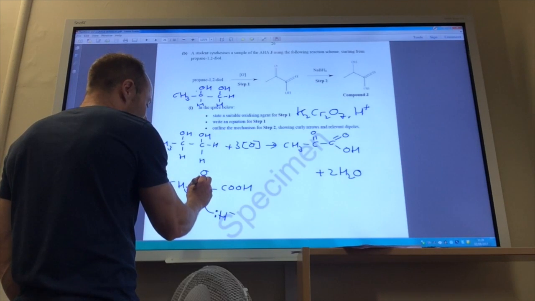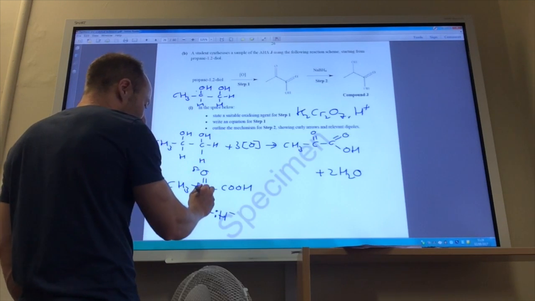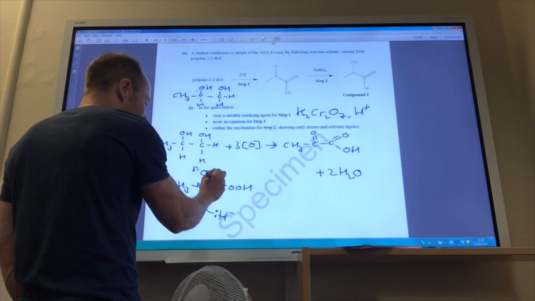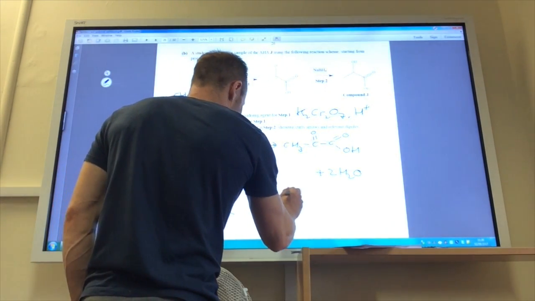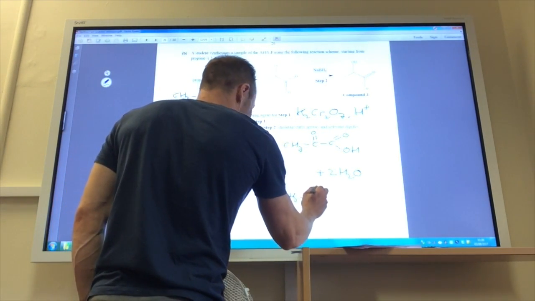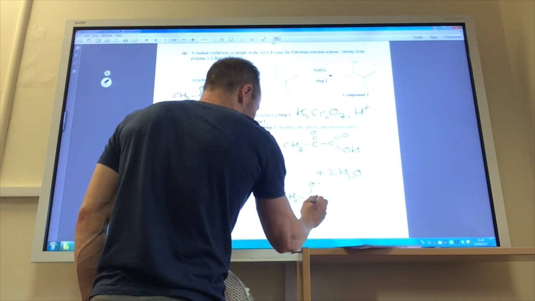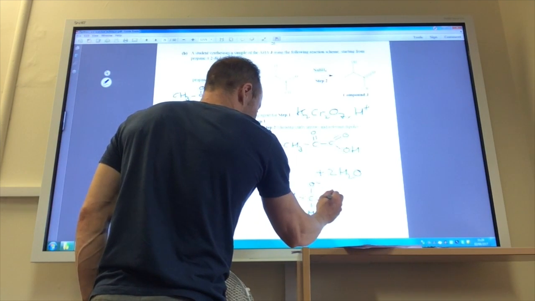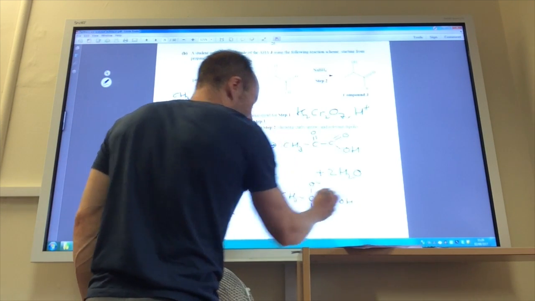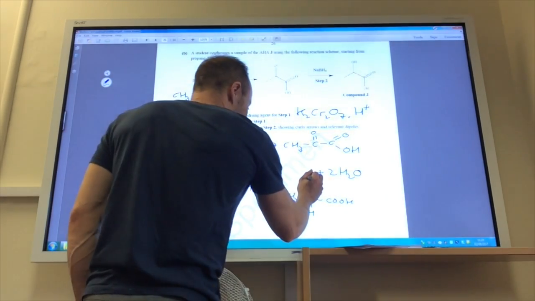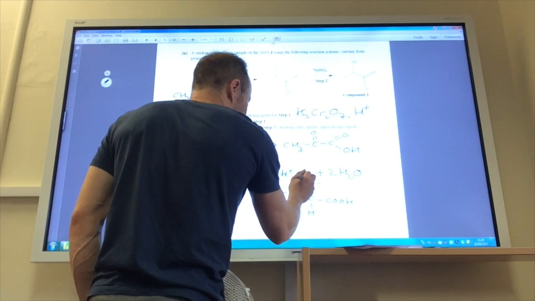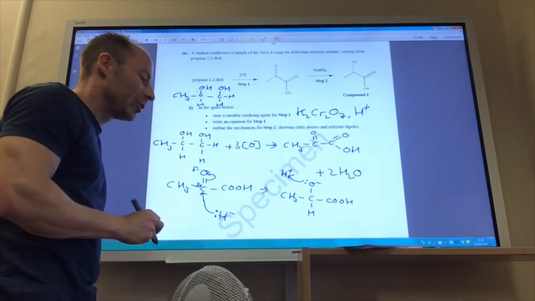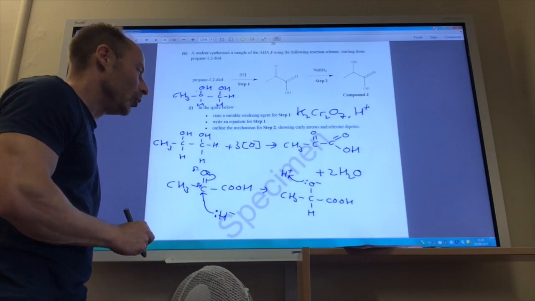You've got delta plus, delta minus on your carbonyl group like so. That goes there to break my double bond to give me the intermediate CH3, CO minus, H, and the carboxylic acid group remains unchanged. Pop a lone pair on that. You've got an H plus knocking around, so the electron pair goes there to give you your product.